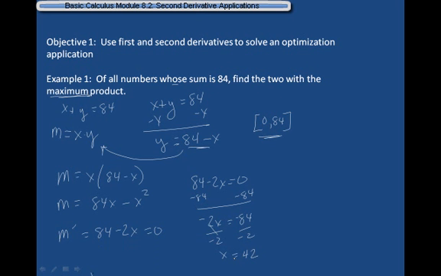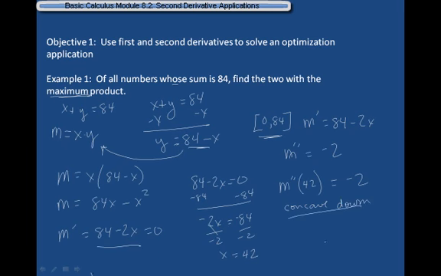And we've got x is equal to 42. Let's take the second derivative of this. So if m prime was equal to 84 minus 2x, then m double prime is going to be equal to negative 2. And what would the second derivative at x equals 42 be? Since there are no x values in the second derivative, it would still be equal to negative 2, which means that this function is concave downward.